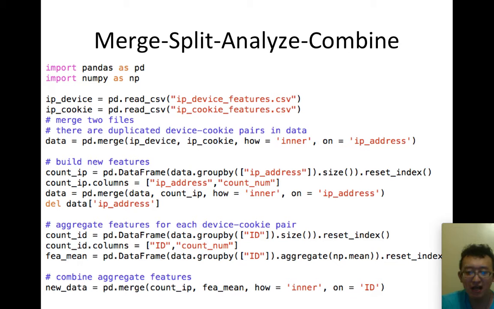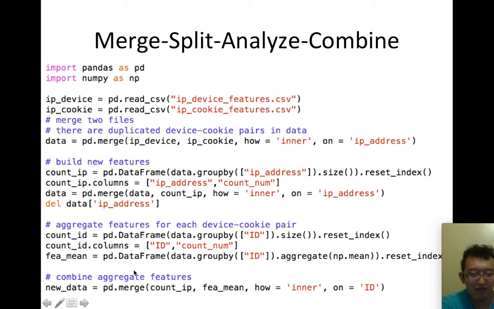So we split these data frames into groups of device cookie pairs, and we aggregate the feature vectors for each group. In this example, we calculate the mean vector of the feature vectors for each device cookie group.